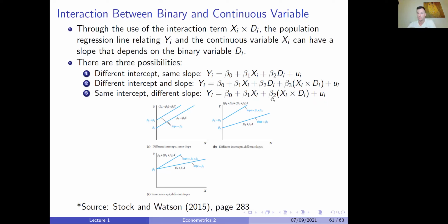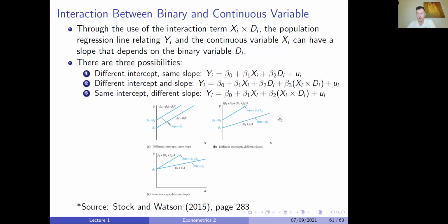And here is an illustration. The first case is represented here. Depending on the level of D, either 0 or 1, we have either this line starting from beta 0 or this line, beta 0 plus beta 2. But their slope is the same. So the effect of X is the same for both groups, for both populations. Now, the second case is exactly what we want.